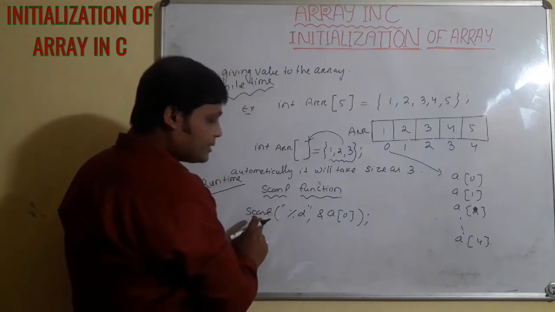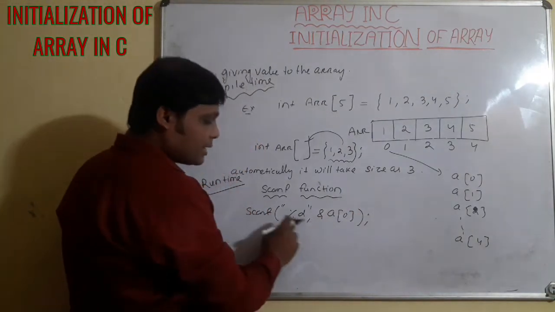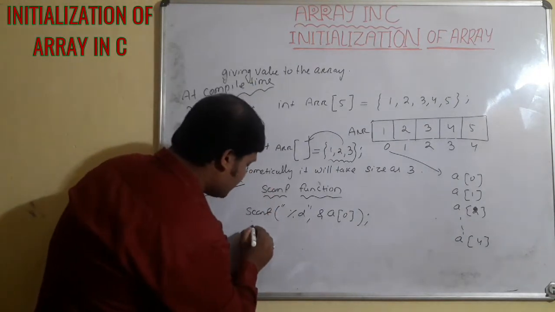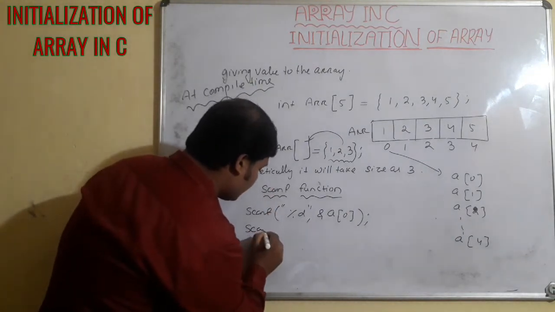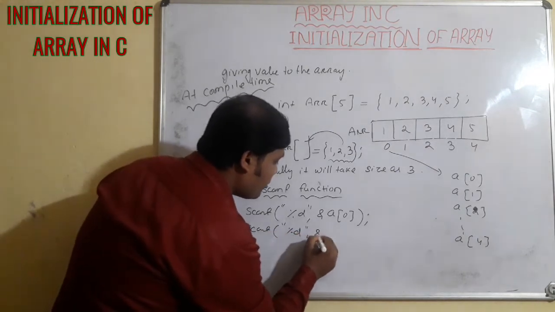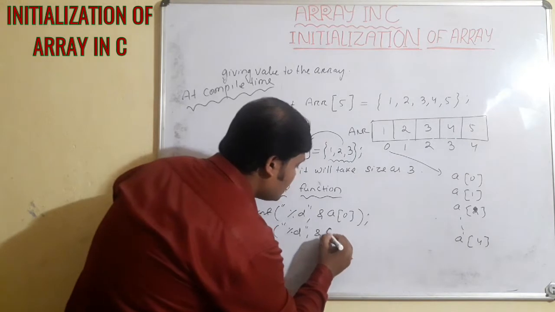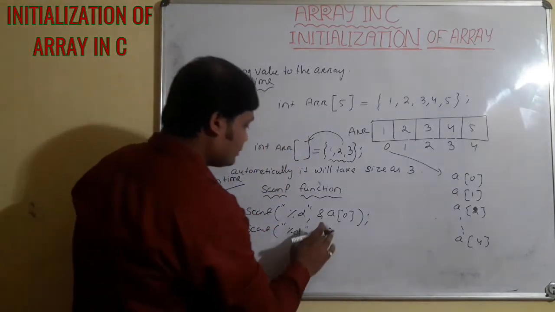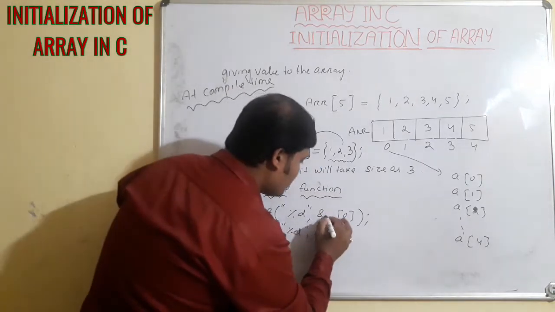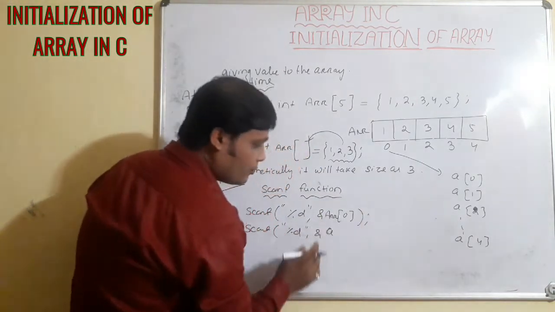So to input the first element, what do I have to write? scanf %d ampersand a of 0. Like this. scanf %d ampersand, suppose the array name here I have taken is ARR. So this will be ARR of 0.